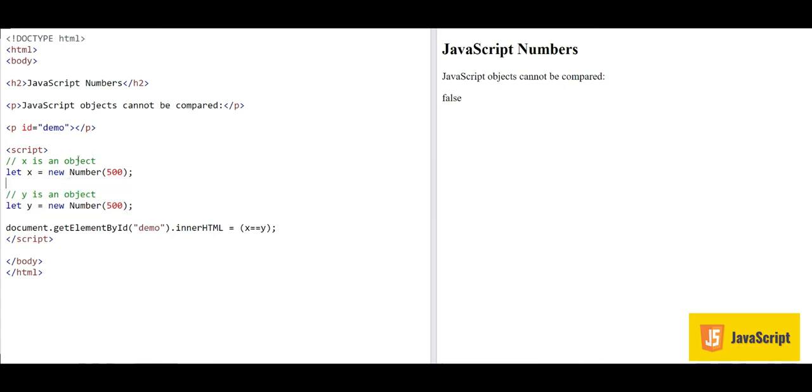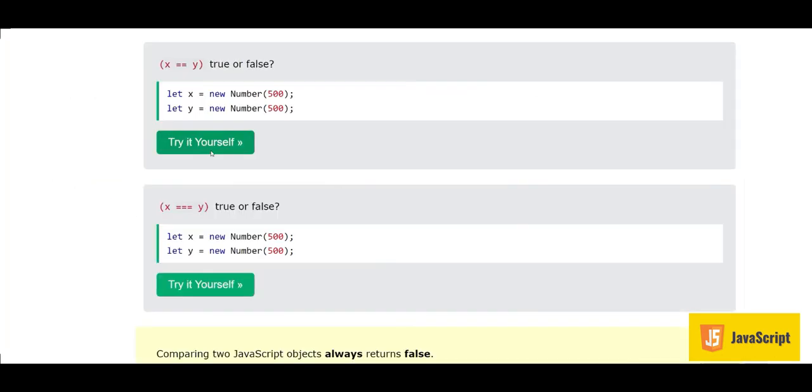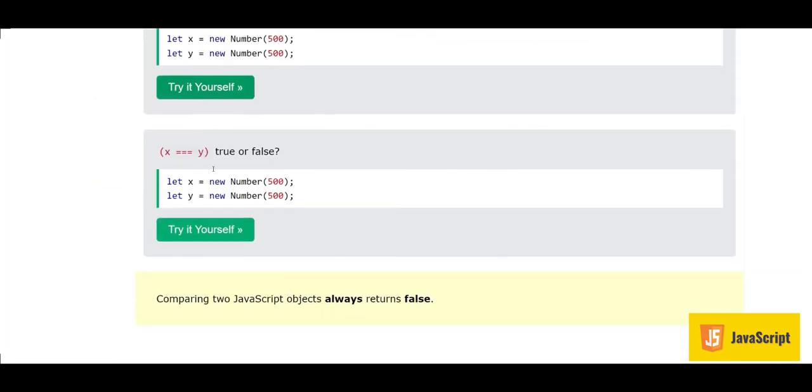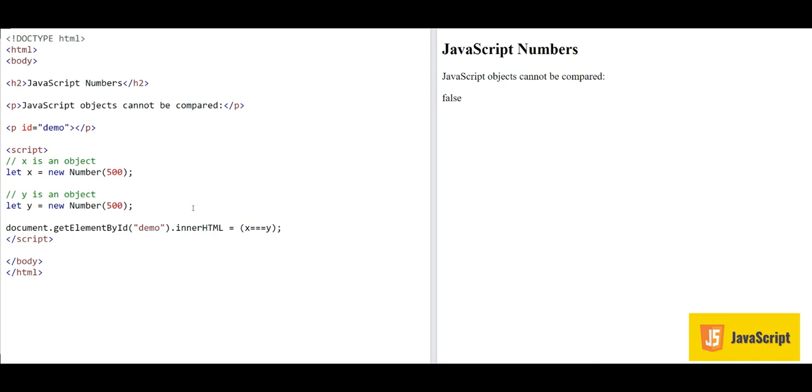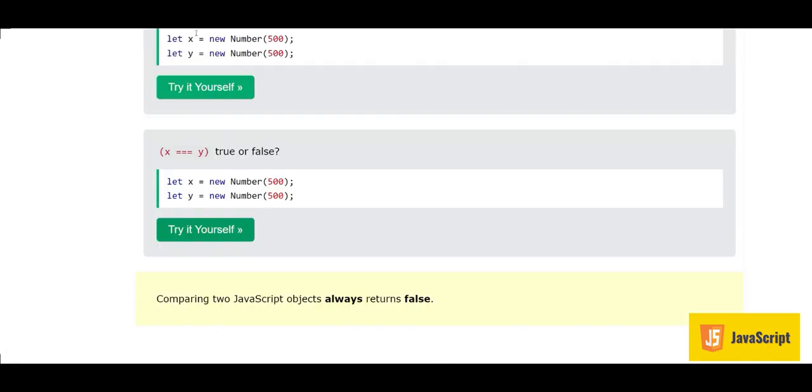In our previous example, we had one number and one object. So here when we are comparing two objects, the answer is false. They are not comparable. And in this one, this is also false. So the conclusion from this exercise is that comparing two JavaScript objects always returns false, right? So that's the concept I wanted to convey here.